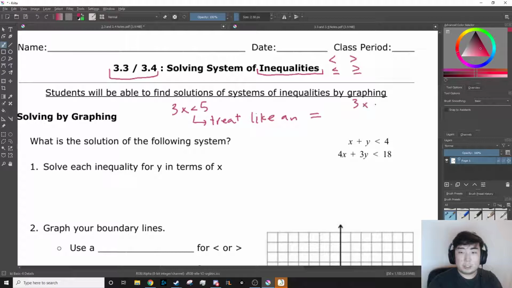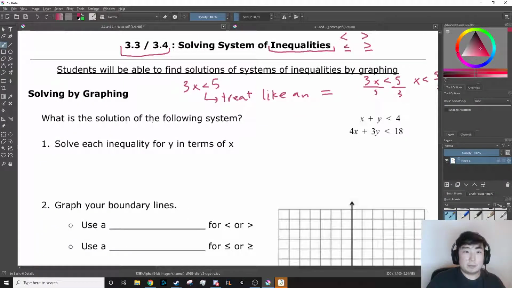So we would do 3x is less than 5. We would divide by 3, and we get x is less than 5 over 3. Simple. So that's pretty much all we're going to do. And we're going to be talking about how to solve them and how to graph them.